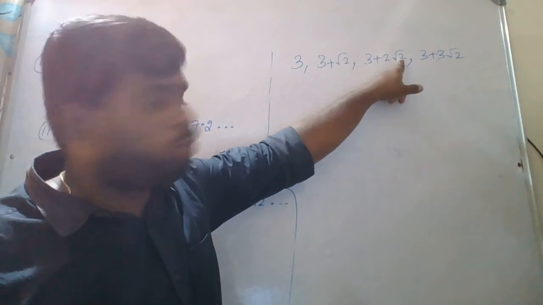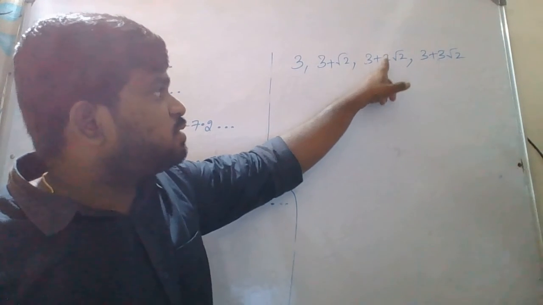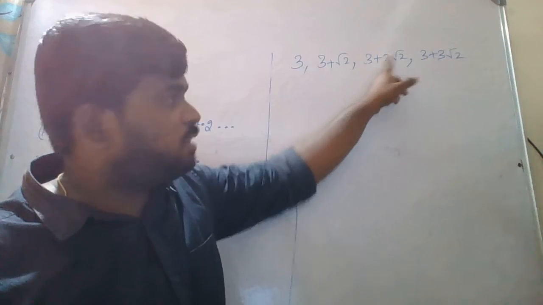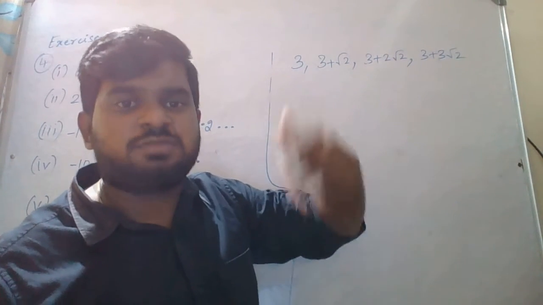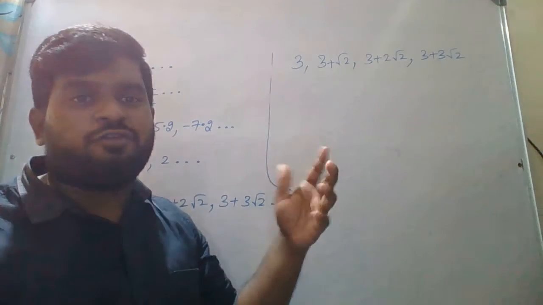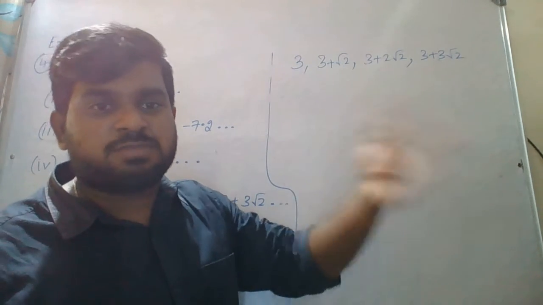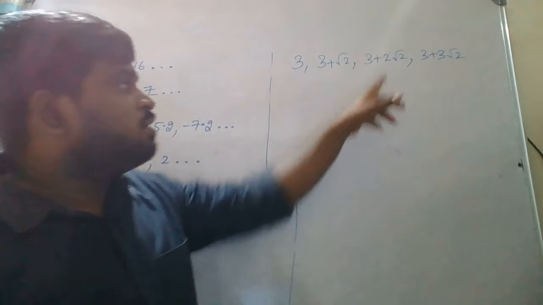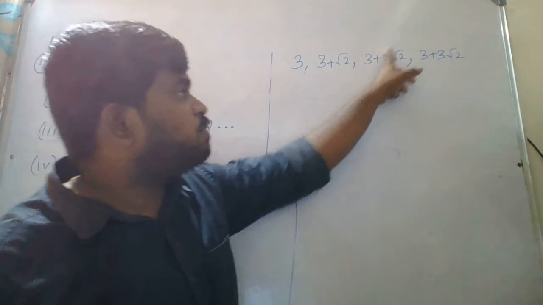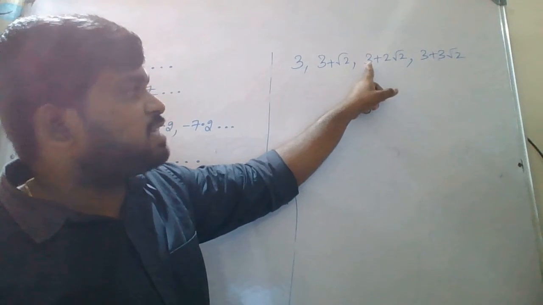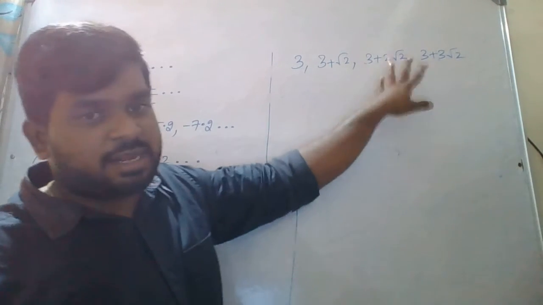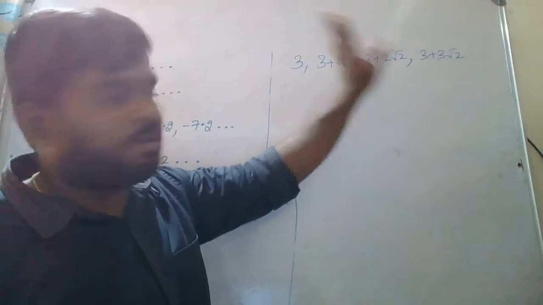How come? Root 2 is irrational. Since this 2 is with this irrational, this will also become irrational. Something which is with irrational becomes irrational, like a person being with a bad person becomes a bad person. So this entire thing is irrational. I cannot add it.